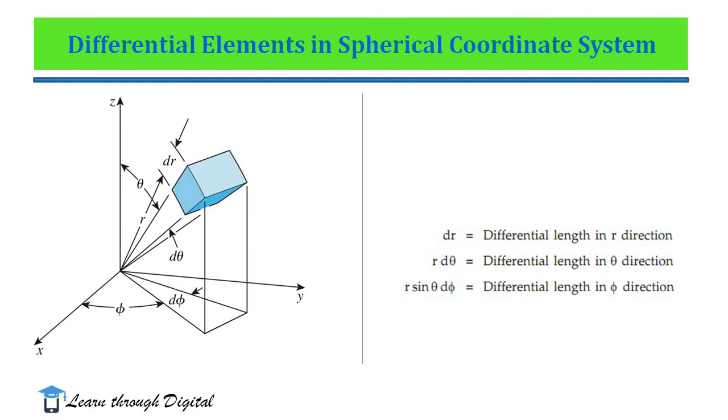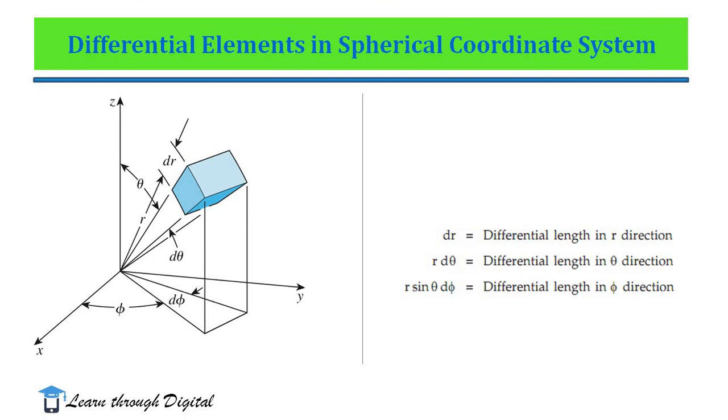Similarly, here also we consider a point P (r, theta, phi) in the spherical coordinate system, where each coordinate is increased by a differential amount: dr, d theta, d phi.